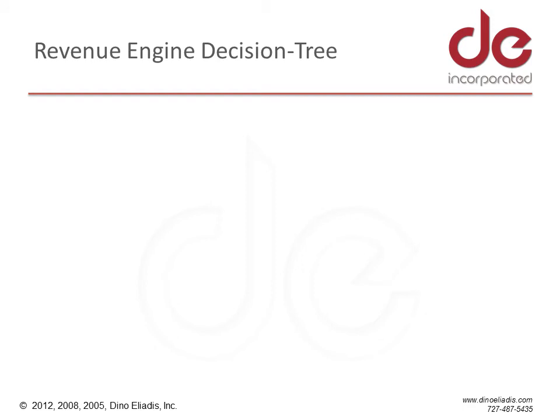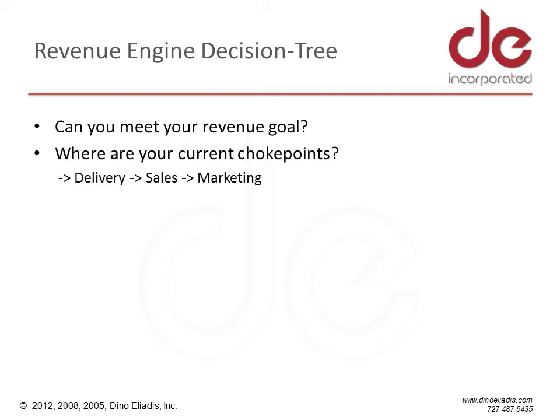Now that all the calculations are done, let's work the process backwards, just like we said, and we're going to use the revenue engine decision tree to do that. So first, can you meet the revenue goal? Look at your total potential revenue, and compare it to what your goal is. If you can't get there from there, then you're going to need to understand where the choke point is.